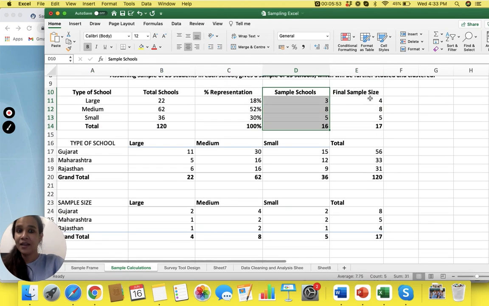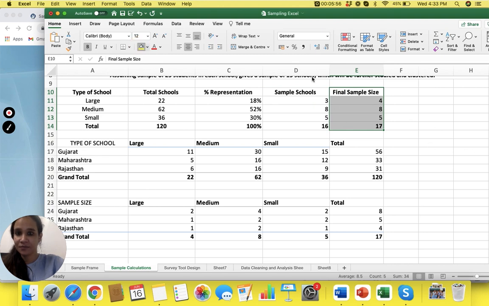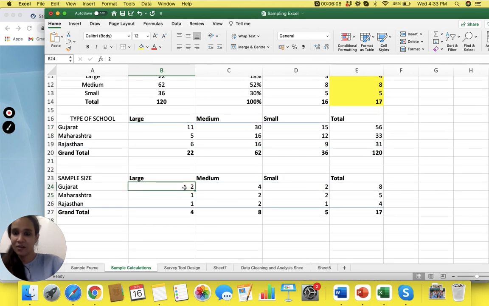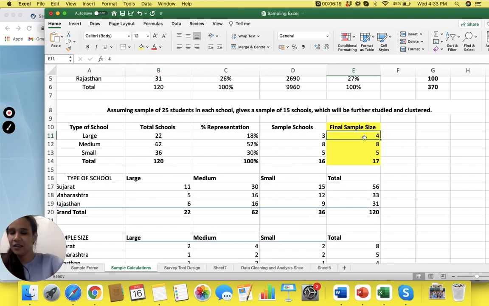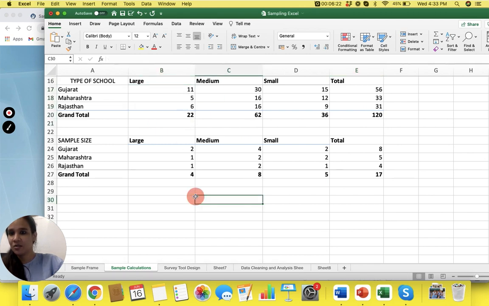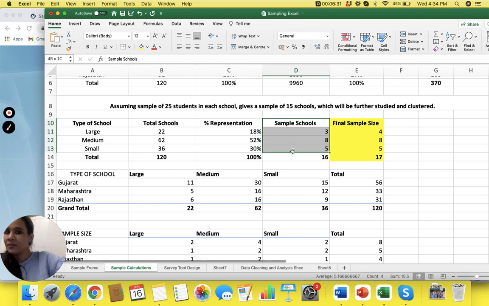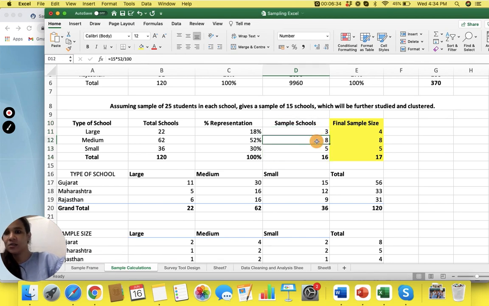But before calculating this, we looked at how many large schools there are in Gujarat, or how many medium schools. And then we said, all right, if there are 2, I need to take 2 from Gujarat because it's double of the ones here, and 1 each from Maharashtra and Rajasthan, which is why we've increased it slightly to ensure that we are taking a mix of large schools and covering all three states. I'll say this again: based on the representation, we need 3 large schools, 8 medium schools and 5 small schools.